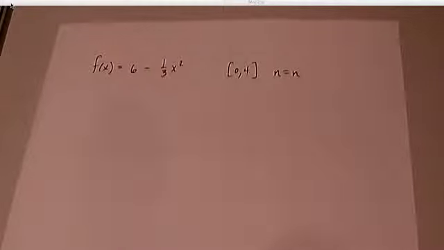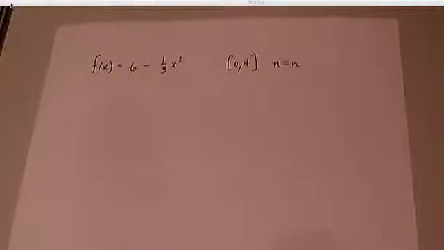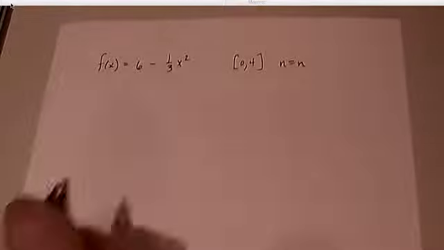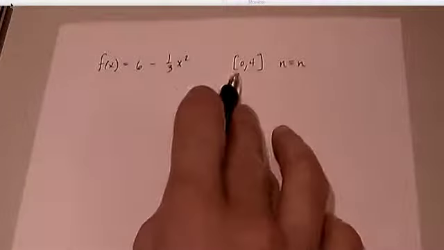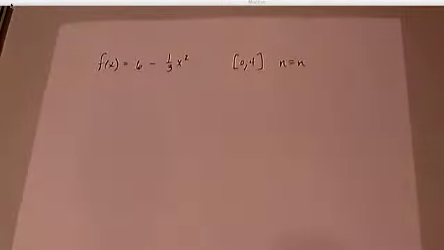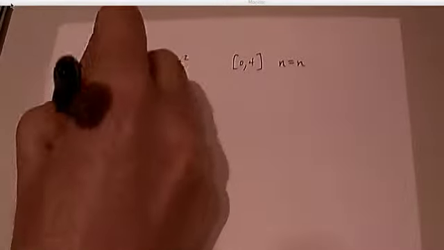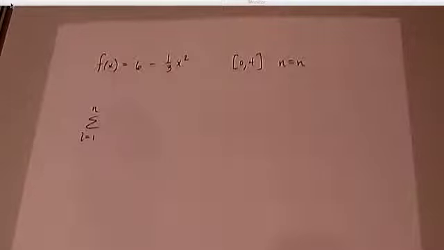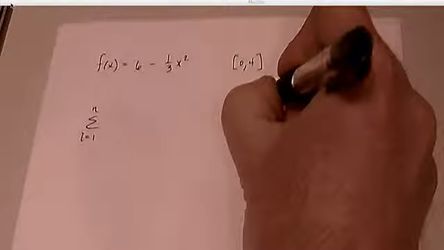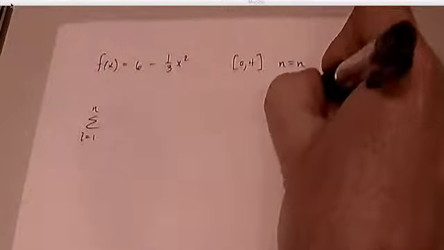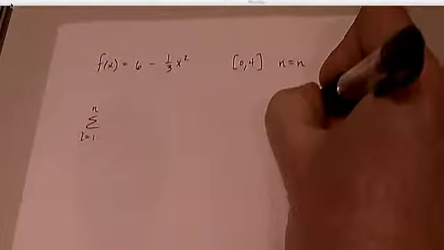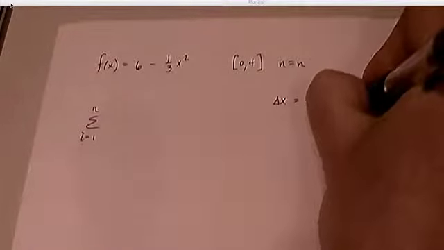I'm going to get some expression in terms of n. Okay? And what that will be is a function that describes the approximate area for this scenario for any value of n. So we know that it's sigma i is equal to 1, not to a particular number, but now to n. And now we know that delta x is 4 minus 0, not over a particular number, but over n, so that's 4 over n.